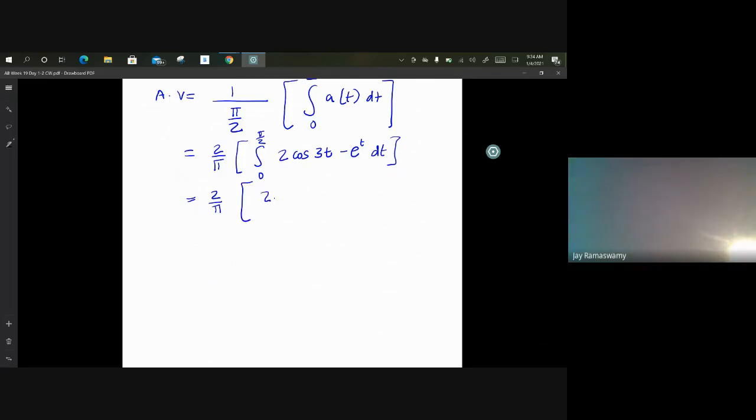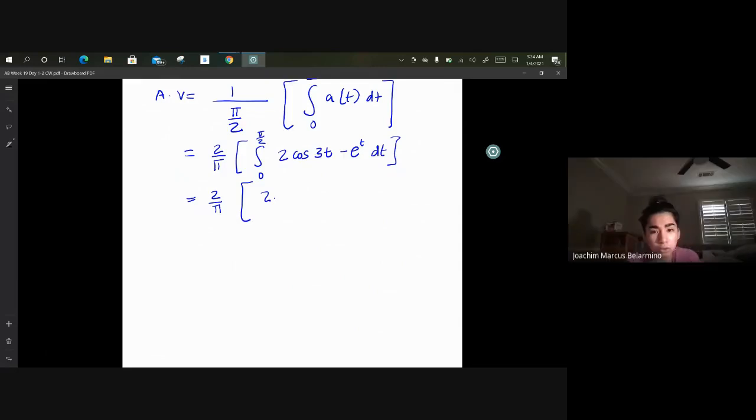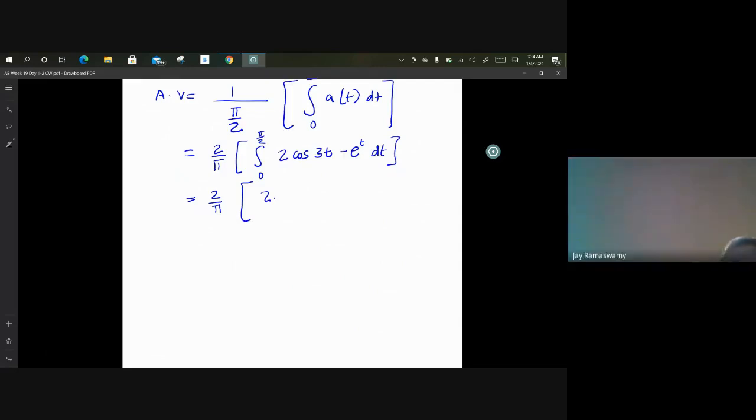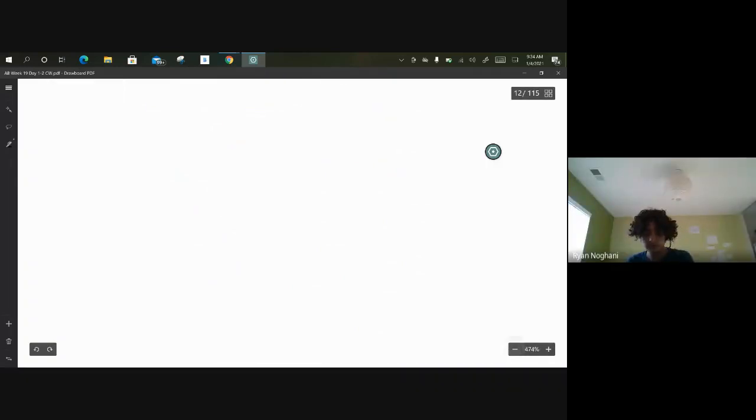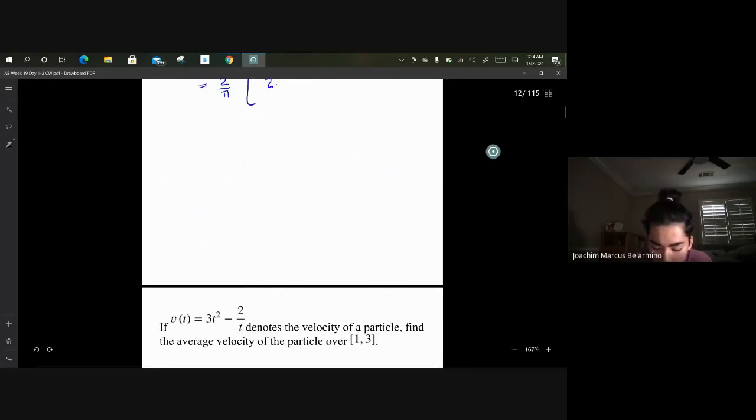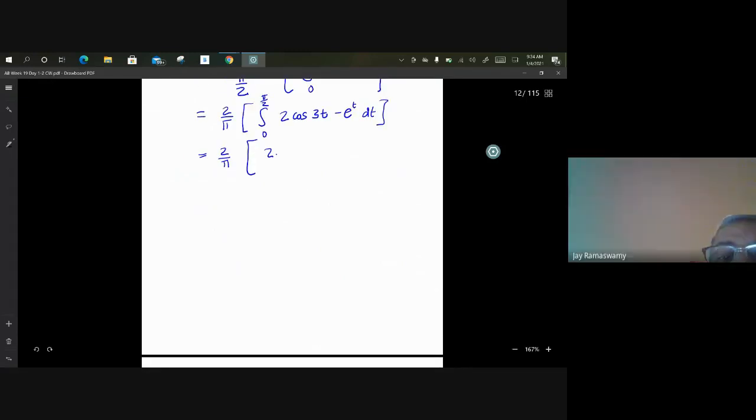Is that cos t or cos 3t? Cos 3t. Okay, so who remembers what the integral of cos 3t is? Sine 3t over 3. Okay, one second. Sine 3t, yeah. Okay, there you go. So is that sine 3t divided by 3, yes, minus e^t?